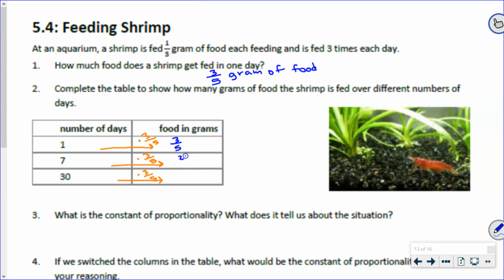We cannot calculate with mixed numbers, so I always like them to be improper fractions. 30 times 3/5 is equal to, Sam? Just 18, right? Not a fraction, just 18.